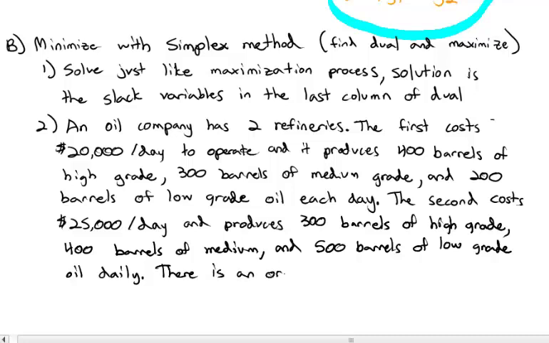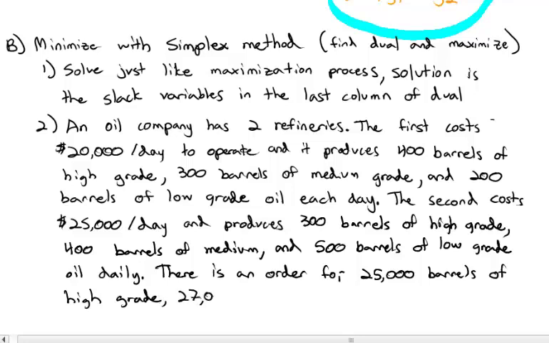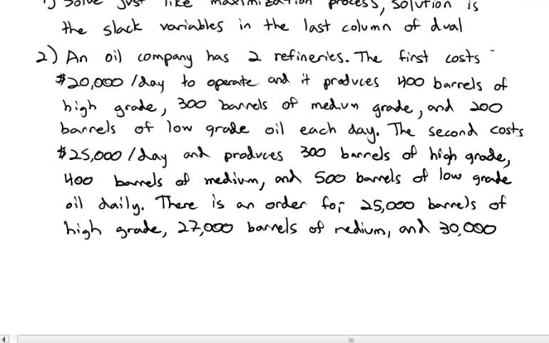There is an order for 25,000 barrels of high grade, 27,000 barrels of medium, and 30,000 barrels of low grade.